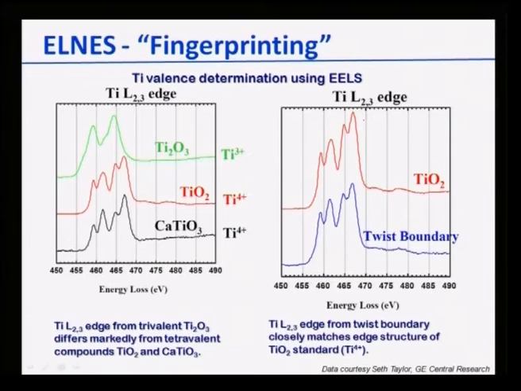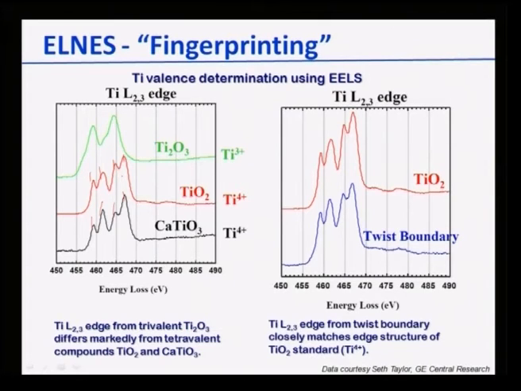If I look at the ELNES spectra of titanium in all these 3 compounds, I could see that depending on this electronic state there is a distinct difference in the ELNES spectra. In case of calcium titanate and titanium dioxide, you can see 4 splits, but in case of Ti2O3 there are only 2.